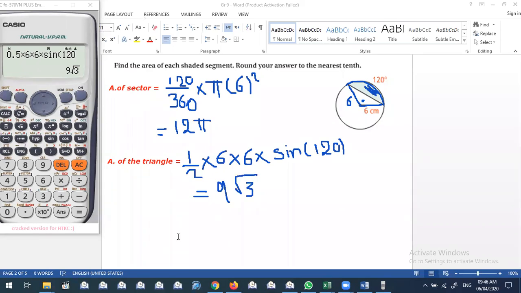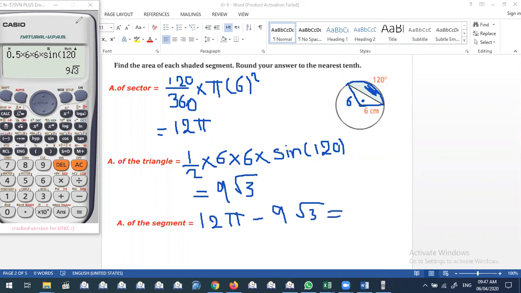Now the final step is the area of the sector. Sorry, the area of the segment equals 12 pi minus 9 square root 3.